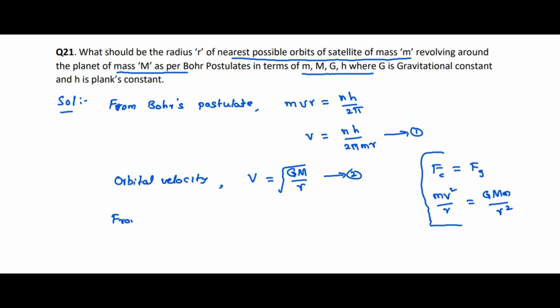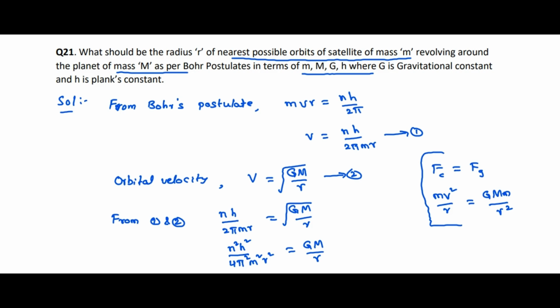So from equations number 1 and 2, we will have nh divided by 2 pi mr is equal to under root GM by r. By squaring, n square h square divided by 4 pi square m square r square is equal to GM by r.